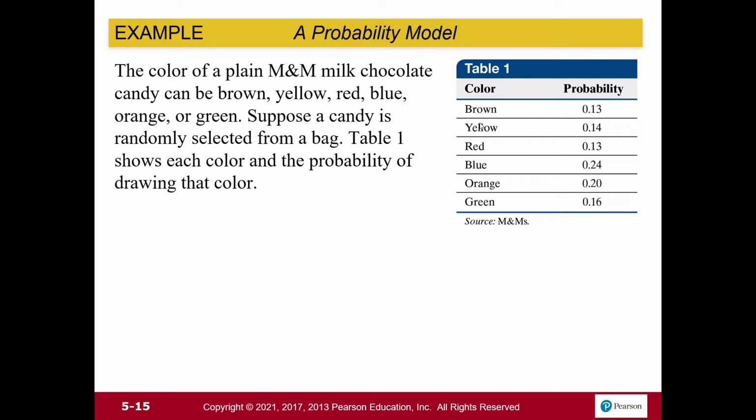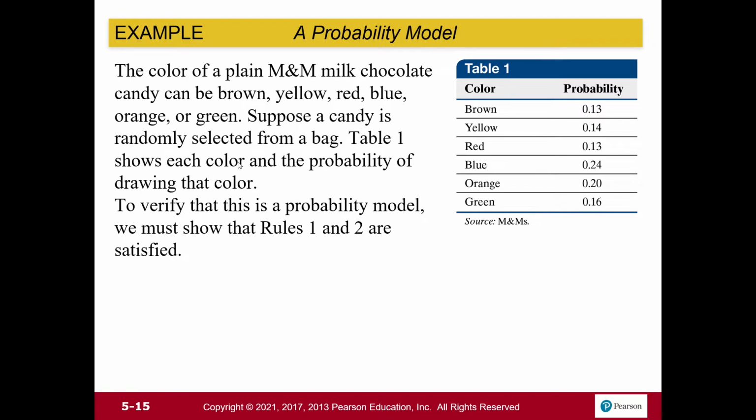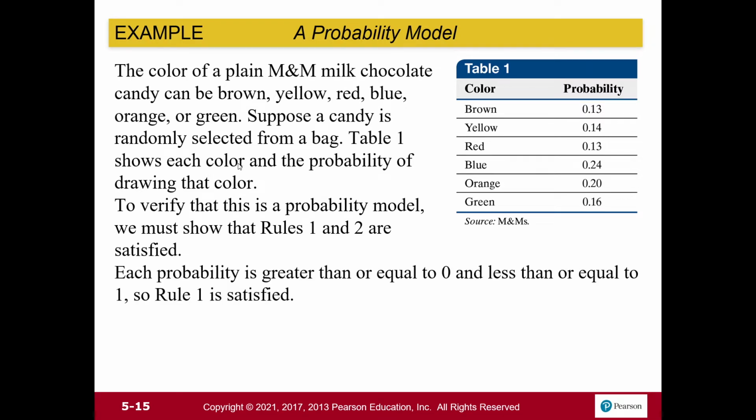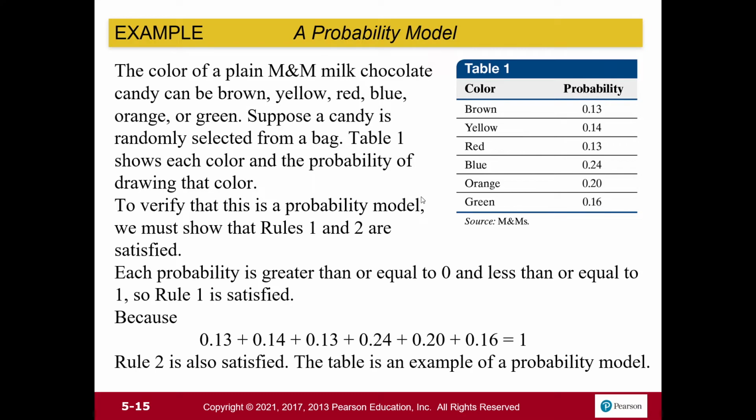And so these are the different colors, that would be our sample space. And the probability of each one is between 0 and 1. We also have to verify that the summation of each event will total 1. And if we were to add them all up, we do get 1.